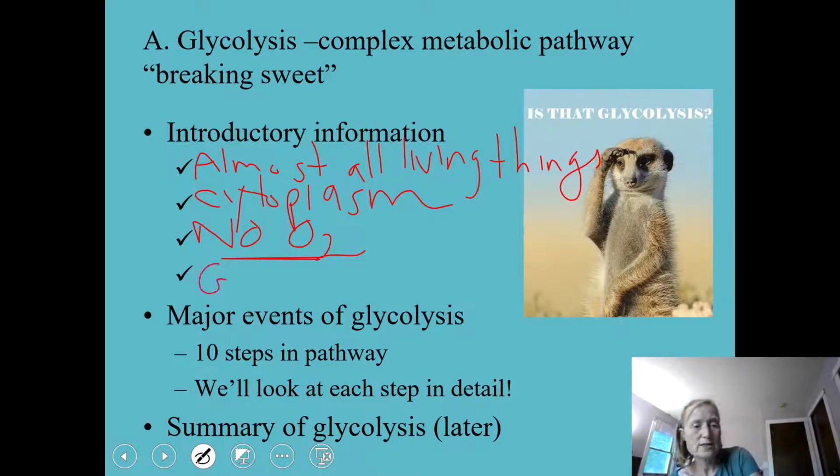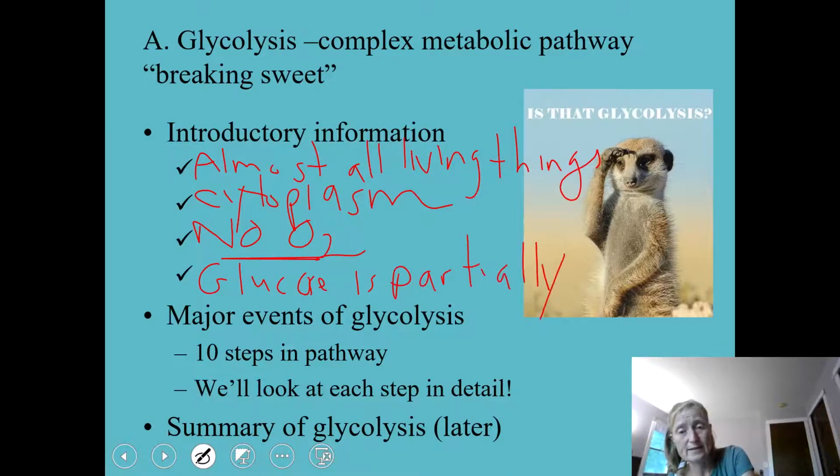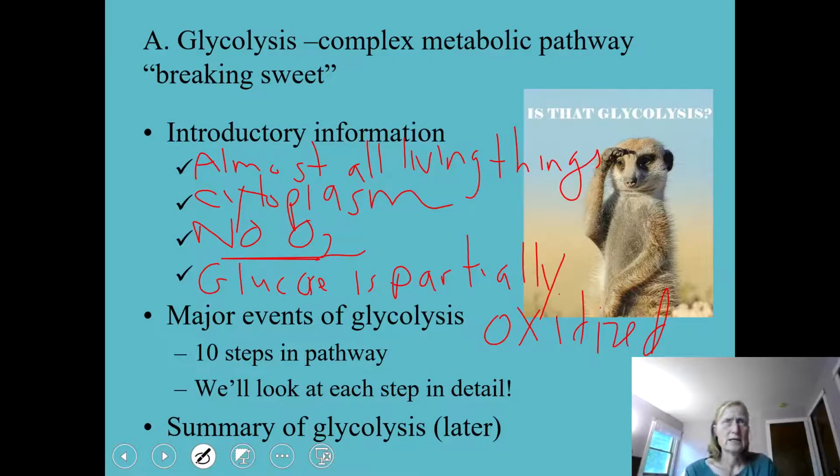But we also notice that glucose, that's our starting nutrient, is partially oxidized in this process. Remember that we said that cellular respiration involves redox reactions, and the nutrient is oxidized.